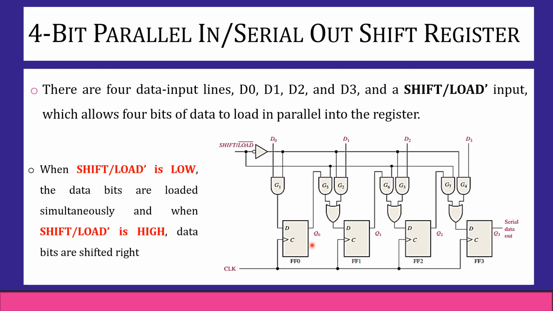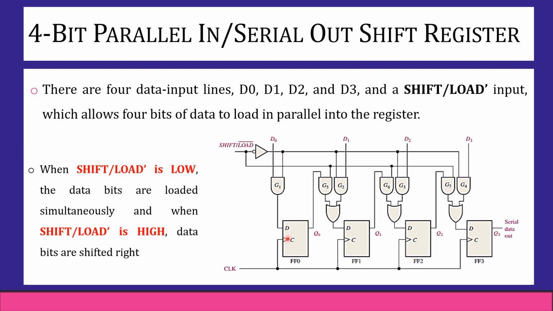So we need to perform a load operation as well as the shifting of the data operation in each flip-flop. To control that, we'll be having a control line called shift bar load complement. A control signal labeled shift bar load complement line is used to control the shift or loading operation.